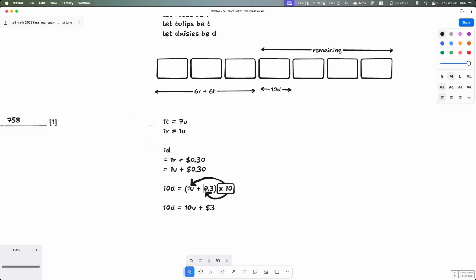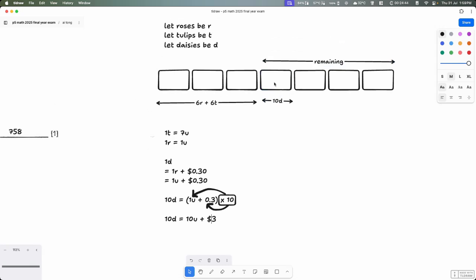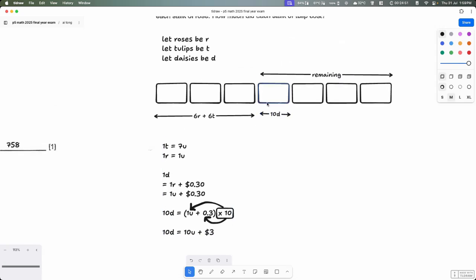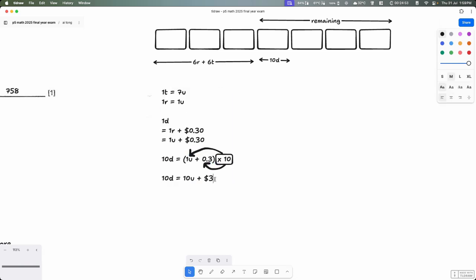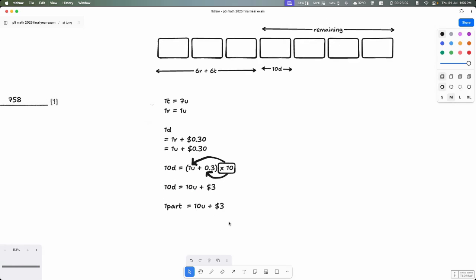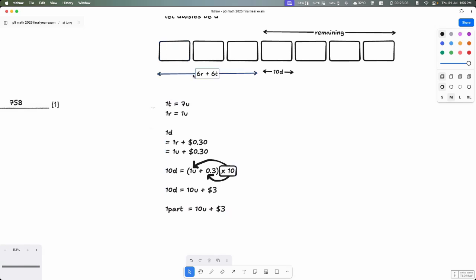So now we know that 1 part is equal to 10 units plus $3. Okay, that's good.